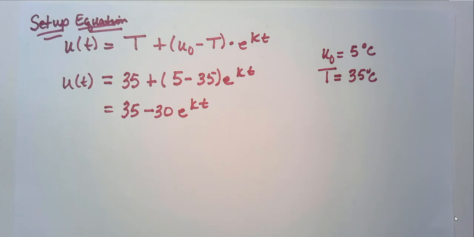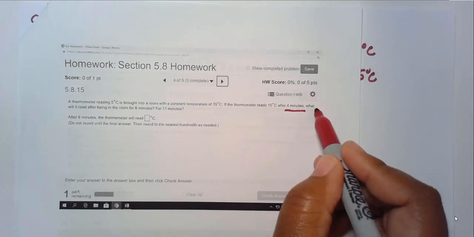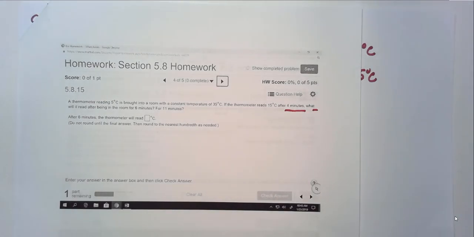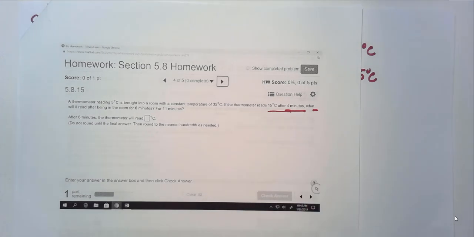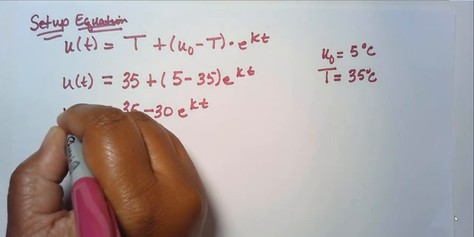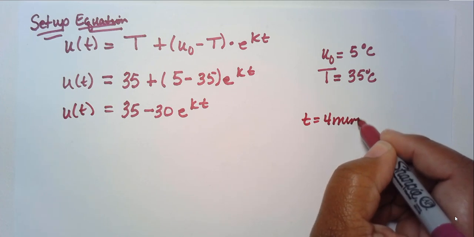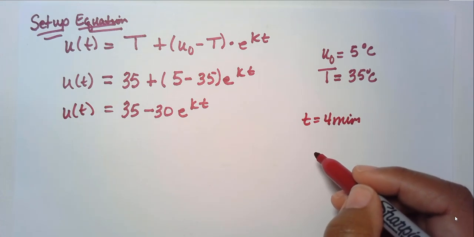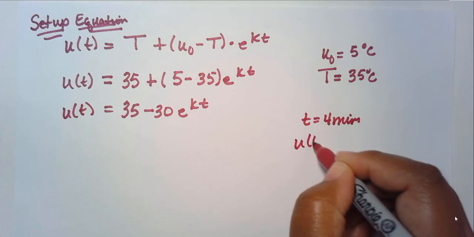If we go back to the word problem, it says the thermometer reads 15 degrees Celsius after 4 minutes. So what's given is the time, 4 minutes, and the temperature at that time, 15 degrees Celsius, which is our U of t.